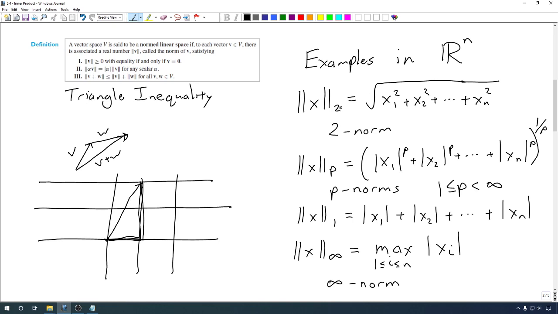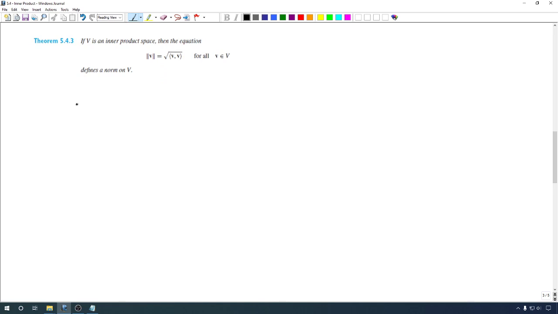So, very famous norms. Technically, we could get into some norms of functions that are similar to these. There's actually versions of the p norms and infinity norms for functions. I don't want to get too much into that, but this is a very broad concept that's actually used in a lot of cases. So if this section is all about inner products, why are we talking about norms so much?